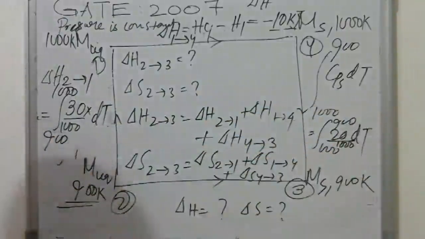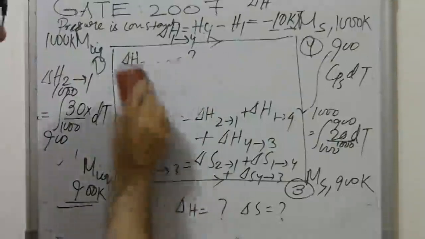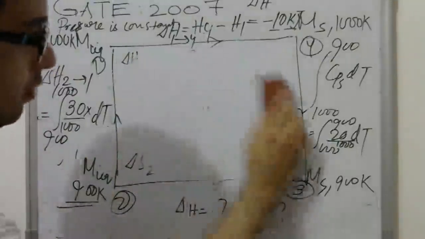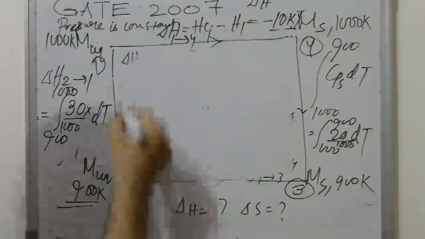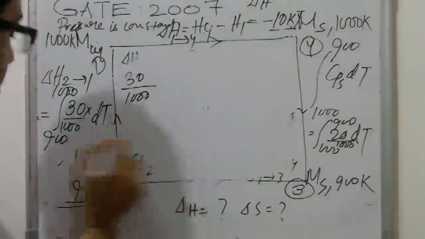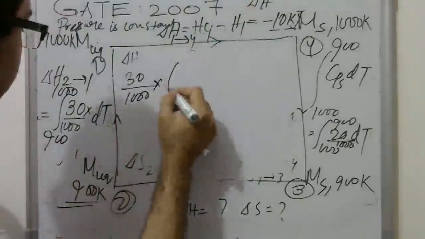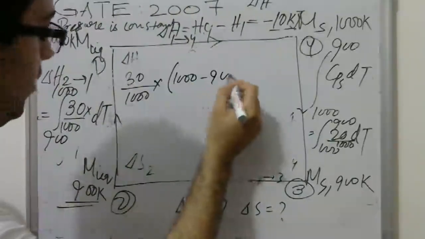Now let's see. So I'll just do the calculation inside. So this becomes what? How much? This becomes 30 by 1000, sorry. 1000 minus 900.